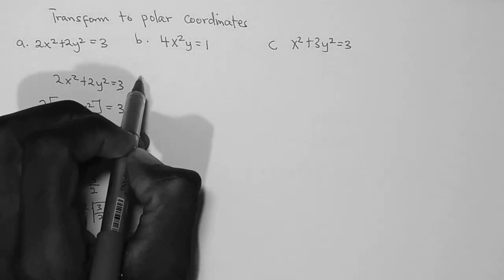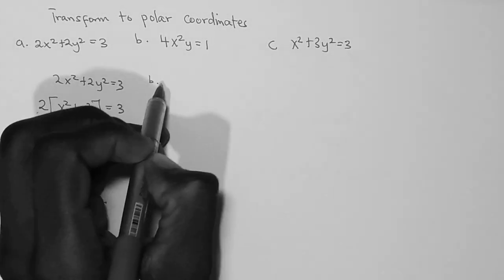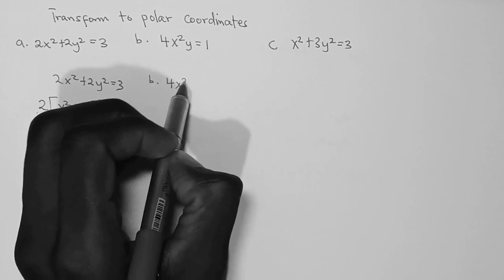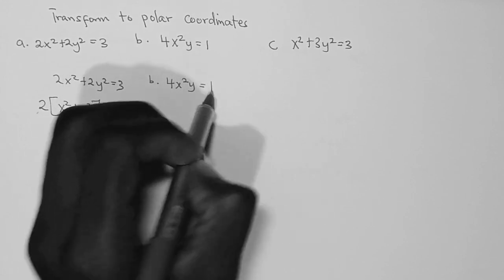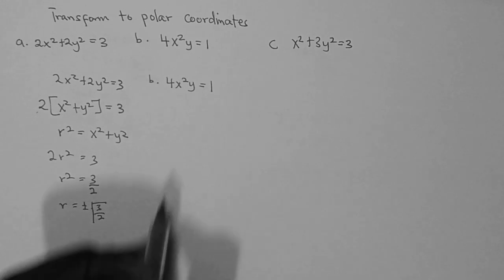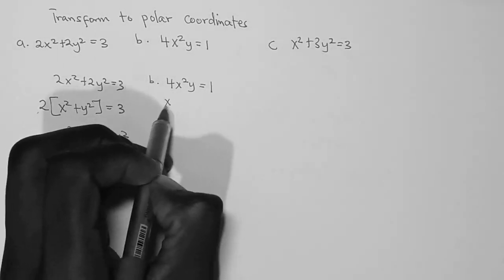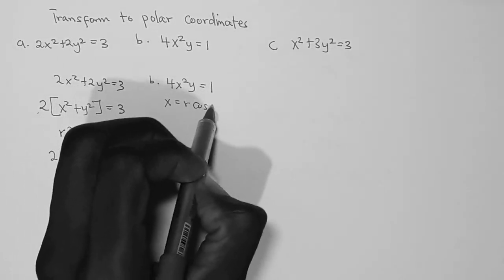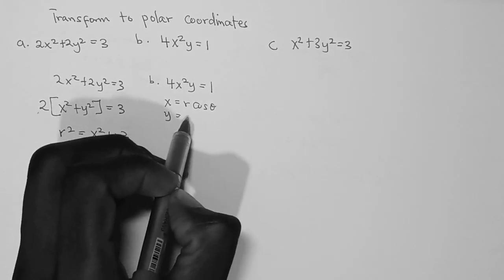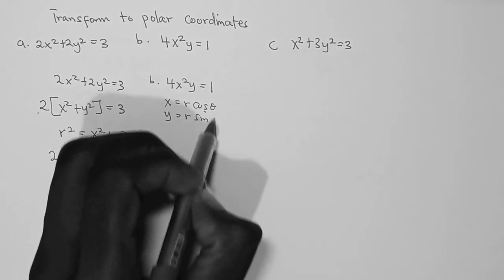Let's come to the second one, b. b is 4x squared y equals 1. But we know that x is equal to r cos theta and y is equal to r sin theta.